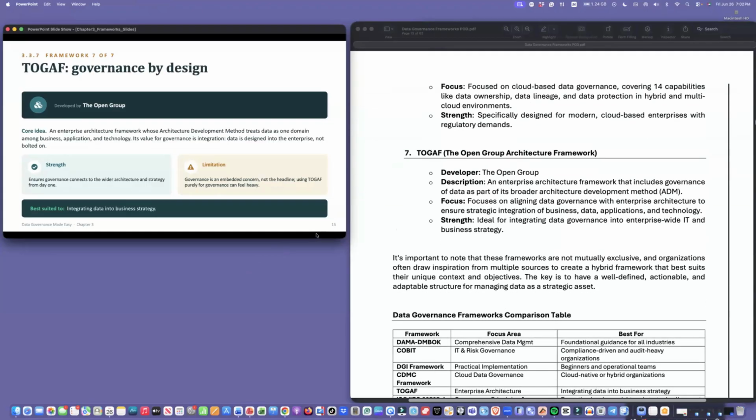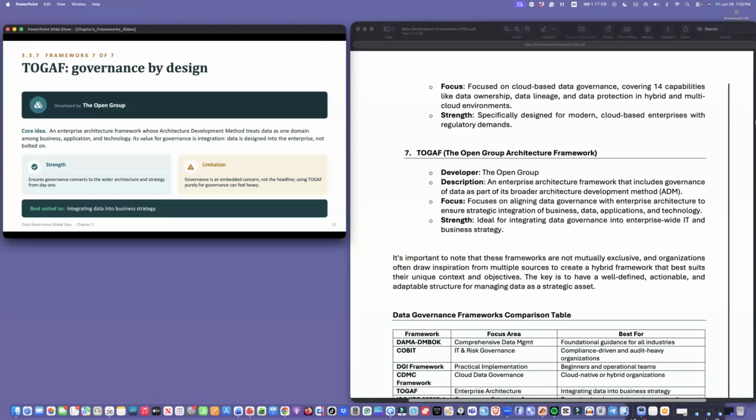Then we go to the TOGAF framework. TOGAF takes a whole different approach in looking at data governance. Now, the Open Group Architecture Framework, TOGAF, talks about the fact that we need to build an enterprise architecture from day one that has data governance as part of its foundational principles.